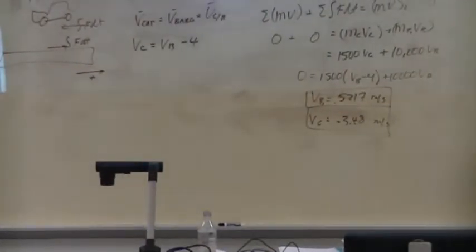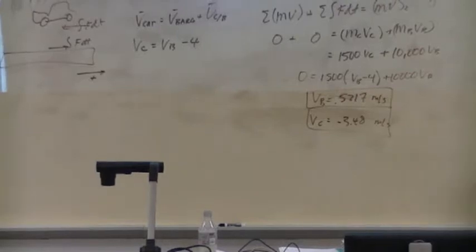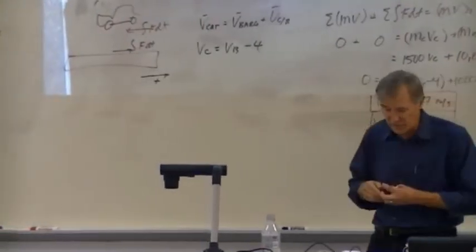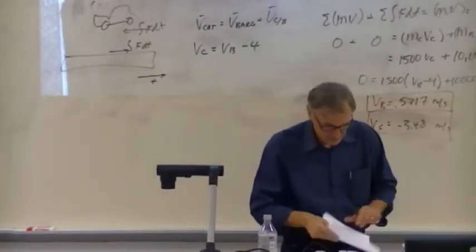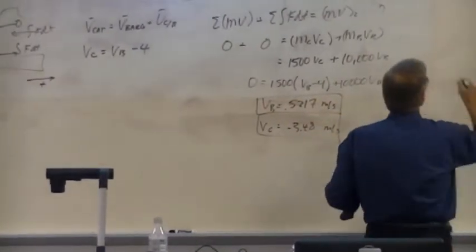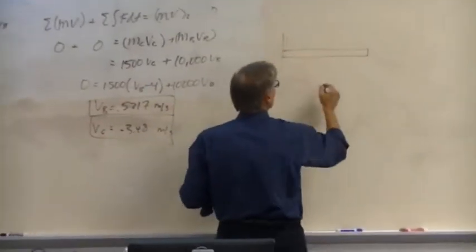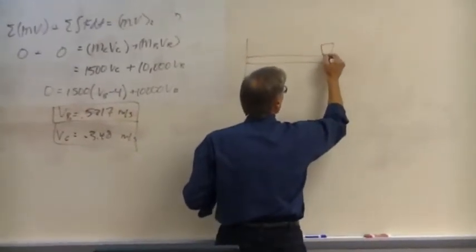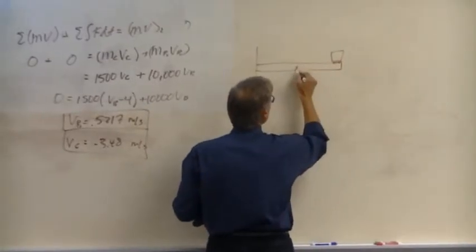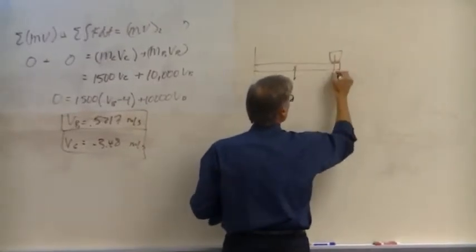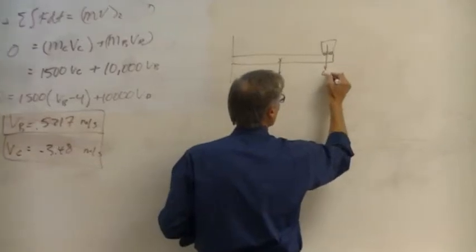I don't know. But somehow, if you wanted to find out how far they moved relative to absolute, you could have done this. Let's say that using moments, you have the barge like this and the car like this, and you know that the CG of the barge goes this way and the CG of the car goes this way.